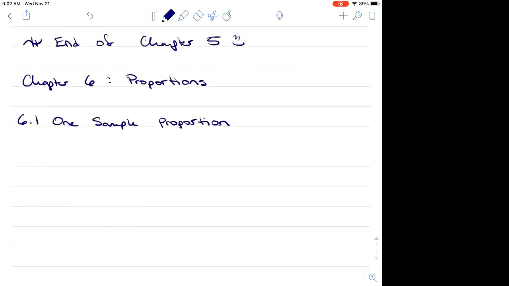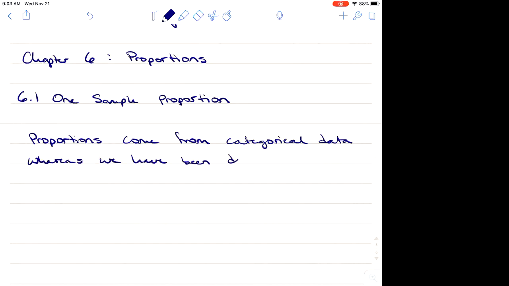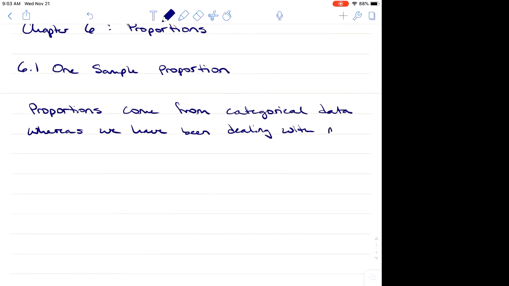And so proportions come from categorical data, the proportion in each category, whereas we have been dealing with means, which come from numerical data.